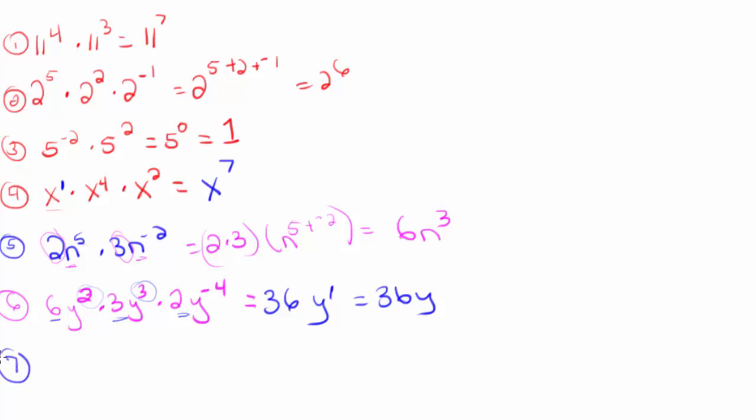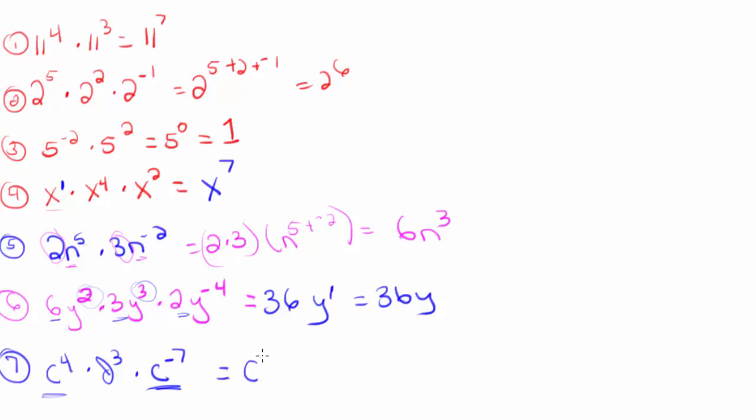Number 7: c to the 4th times d cubed times c to the negative 7th. Here you only combine the ones that have like bases, so you can only add their exponents for the c's.